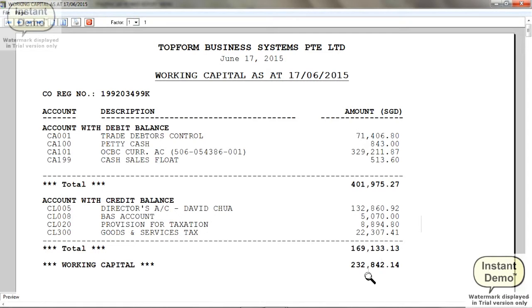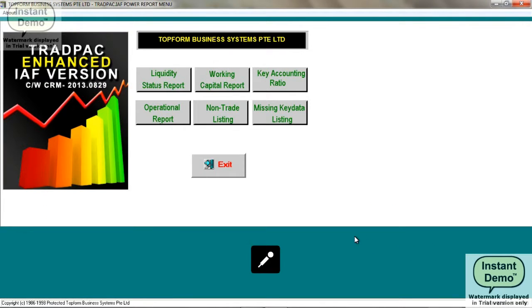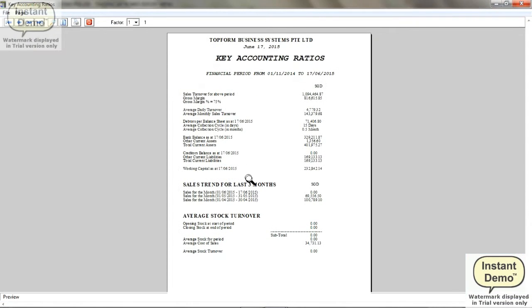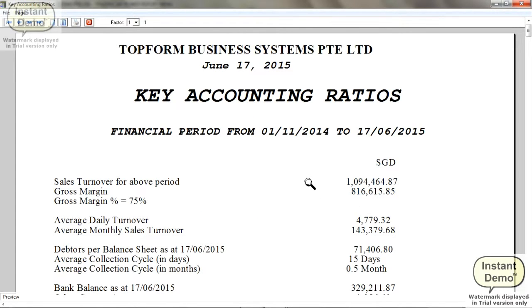Now let's move on to the KAR report, or Key Accounting Ratio report, as mentioned earlier. It's a very comprehensive report that will give you a very good feel of your business. So let's put in the period starting from the 1st of November 2014 to the current date. Now this report will tell you for the period specified your total sales turnover, your gross margin, and your gross margin percentage.